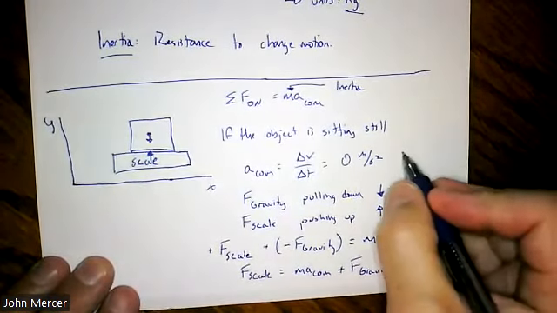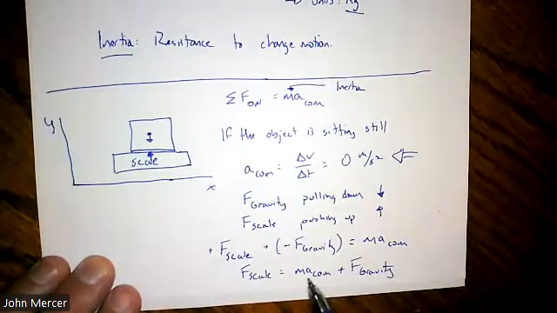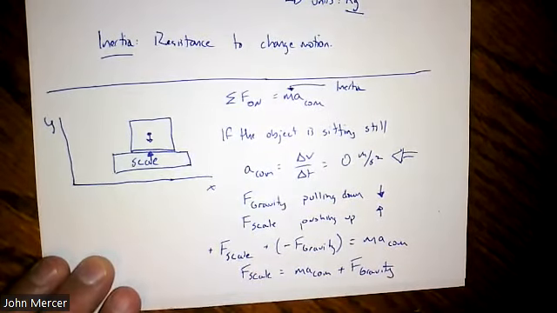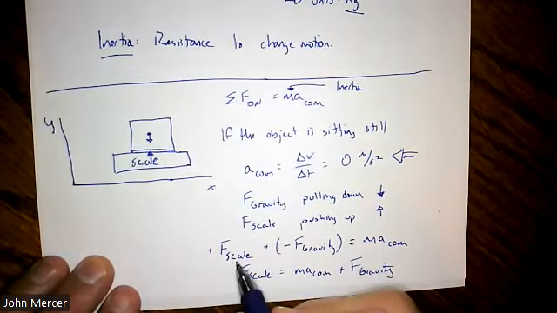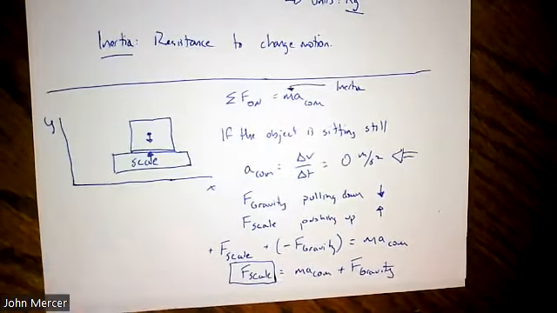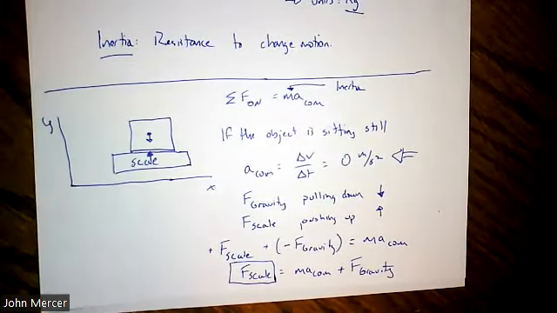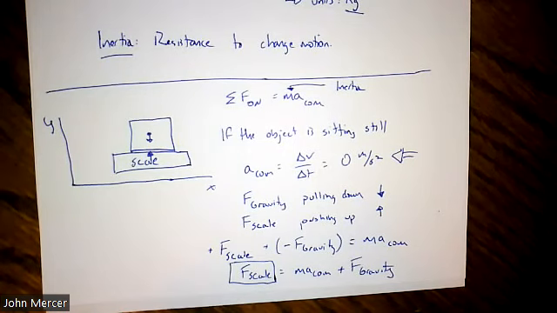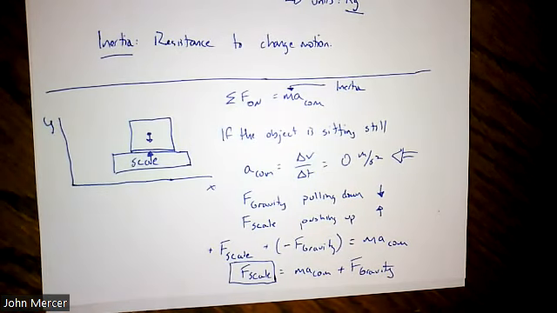As long as acceleration is 0, this part of the equation gets dropped out, and F scale equals F gravity. And therefore, we say the weight of the object is a positive number. That's just what we say, word on the street. We don't typically talk about, well, I weigh negative 185 pounds. I always say I weigh 180 pounds, 185, or whatever my weight is.